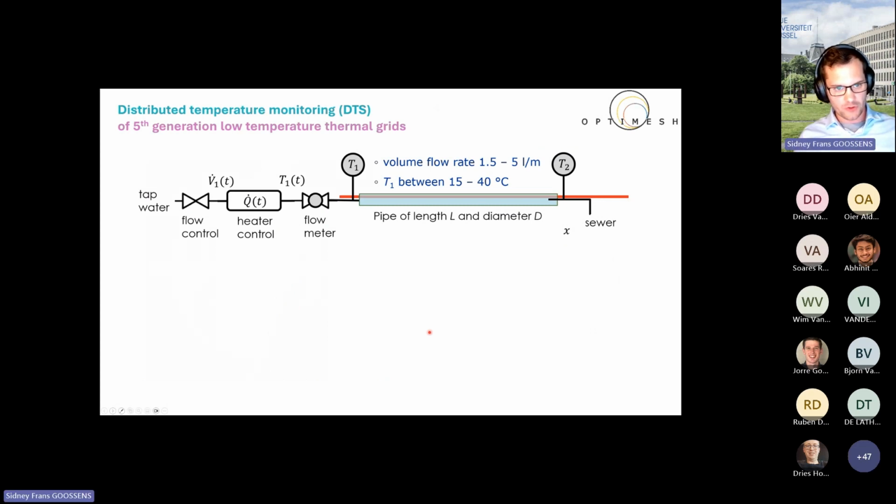A second example, just to show that we can also measure temperature with this type of sensor, is a measurement setup for a 5th generation low temperature thermal grid.